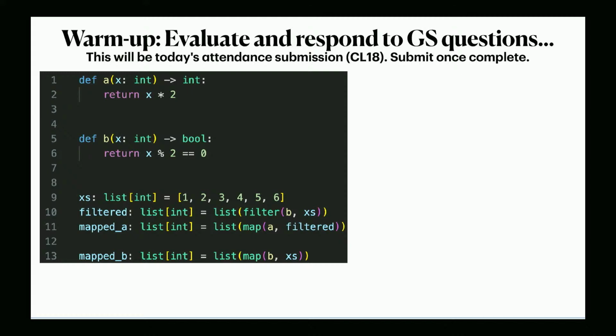But I want to give you all a chance to think through. The question here is effectively, what are filtered, map A, and map B after these code listings complete, given what you've seen here? And you can respond on Gradescope for today's submission. Individual responses are great. You don't have to take a picture. It's just a few multiple choice questions to respond to. So let's spend a few minutes on this, and we'll be walking around and can help you if you have questions.